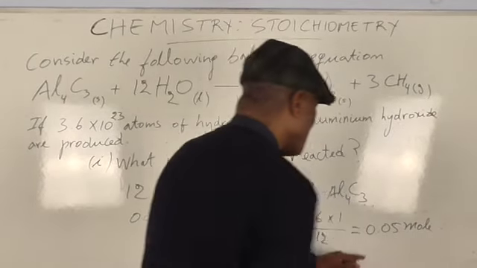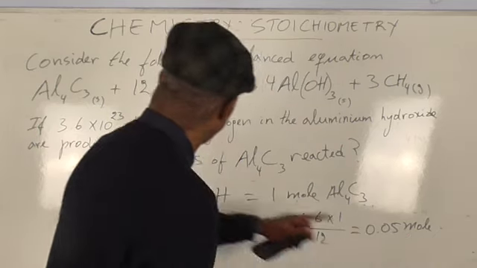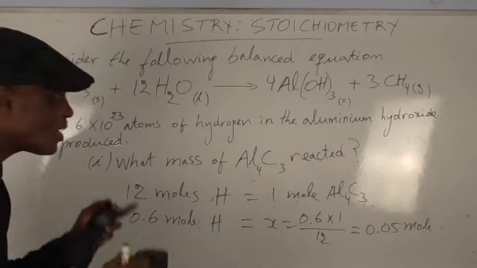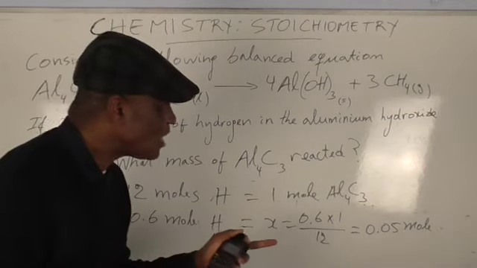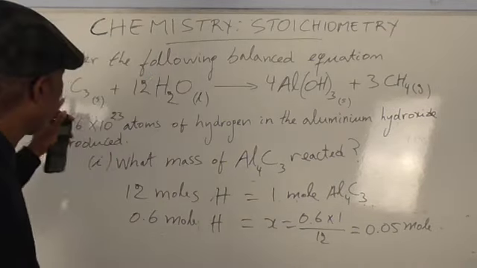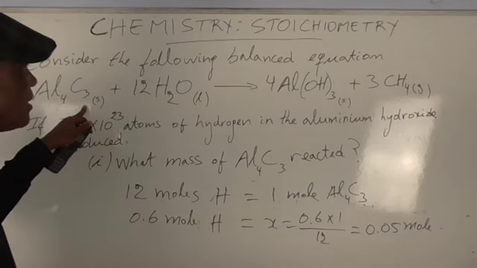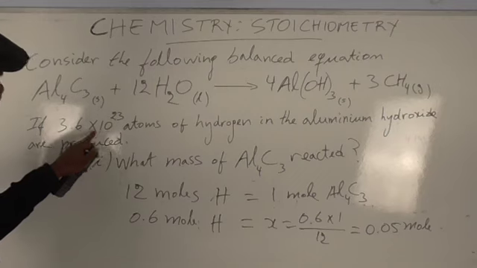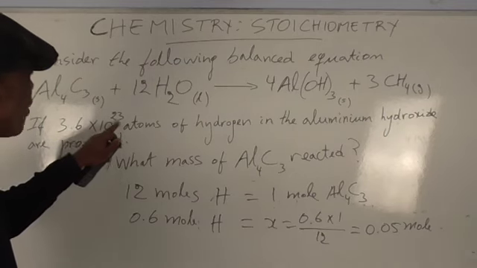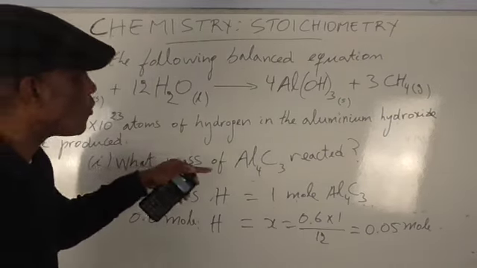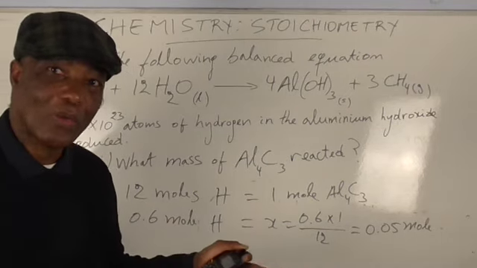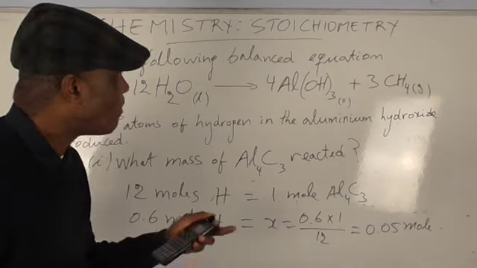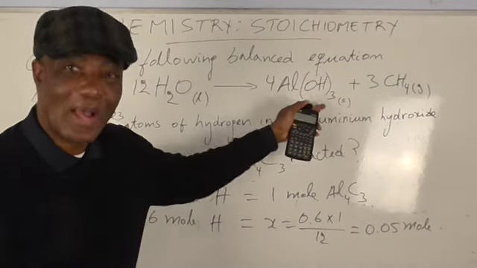We have 0.05 mole of aluminium carbide. So 0.05 mole of aluminium carbide produced 3.6 multiplied by 10 to the power 23 atoms of hydrogen, corresponding to 0.6 moles of hydrogen.